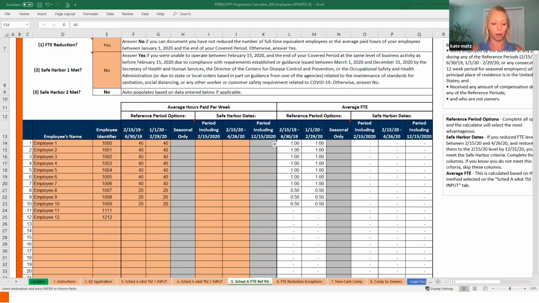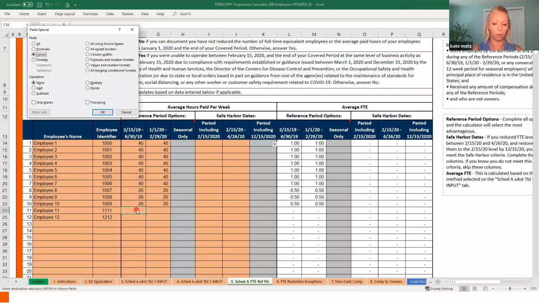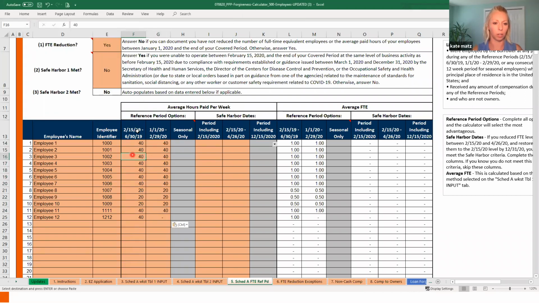So these are average hours that were paid per week during these various periods. So 2/15/19 to 6/30/19, we had a lot of 40 hours a week, some 20 hours, a couple more 40 here. And then the other option for reference period is 1/1/2020 to 2/29/2020. Again, a lot of 40 hours, some 20 hours, and then 40. And then we've got our retiree here who didn't work at all during 2020.